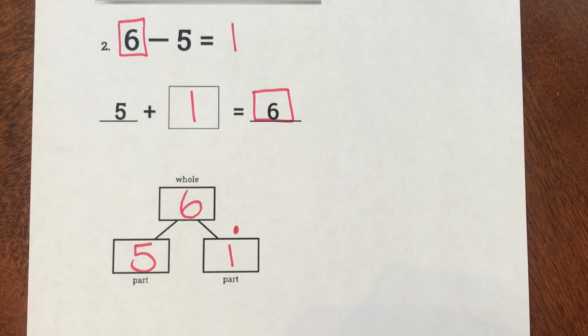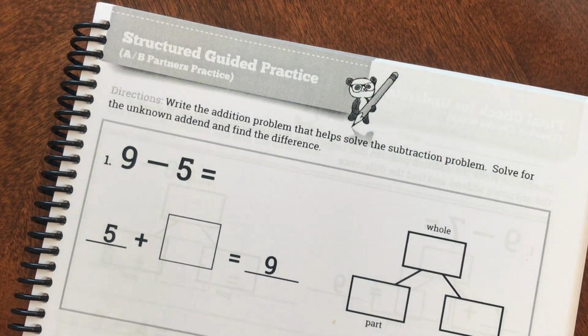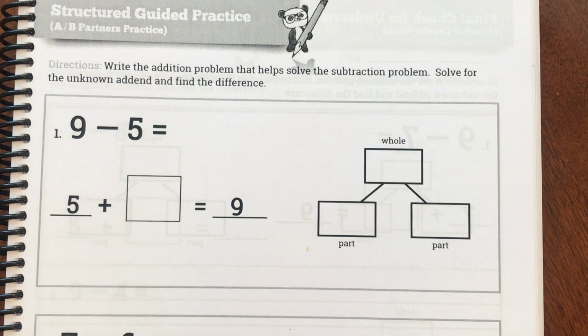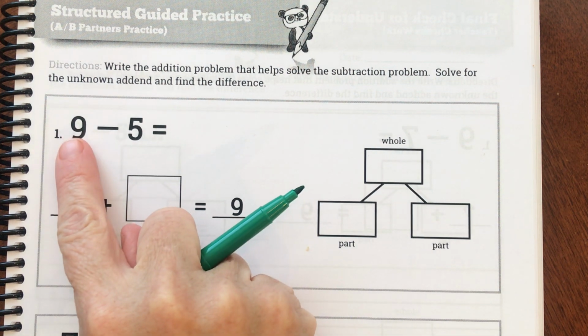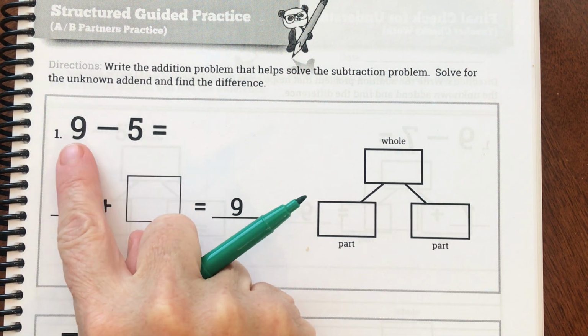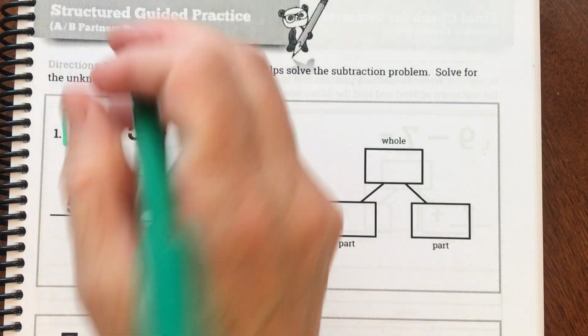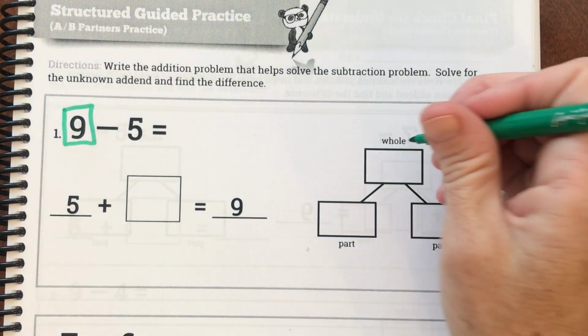Okay, let's try some of these together, boys and girls. We're on page 28. Page 28, and here's our first problem. Okay. Our first problem says 9 take away 5, or 9 subtract 5. So our minuend, our starting number is our whole.